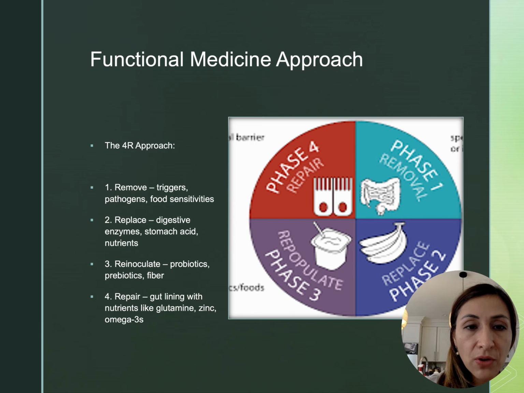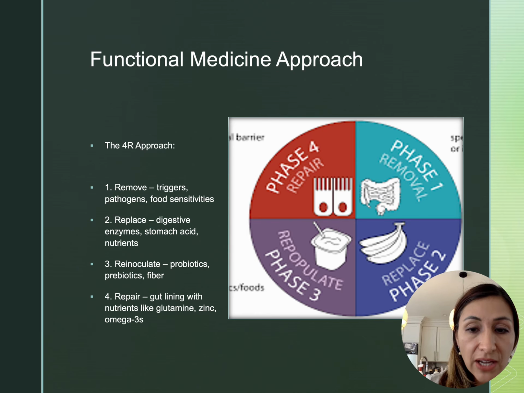Once we have a good picture of how your gut flora is looking, in functional medicine we have a four-step approach. This model first removes the triggers, such as pathogens or food sensitivities. Next, replace what's missing, such as digestive enzymes or stomach acid and key nutrients.